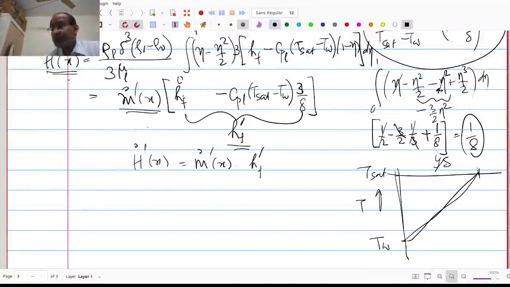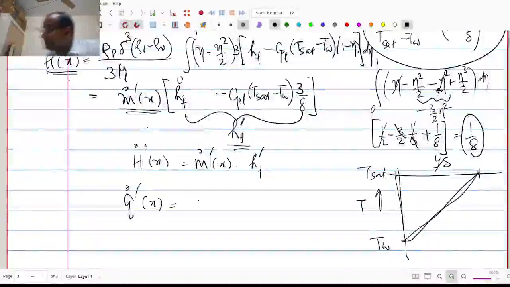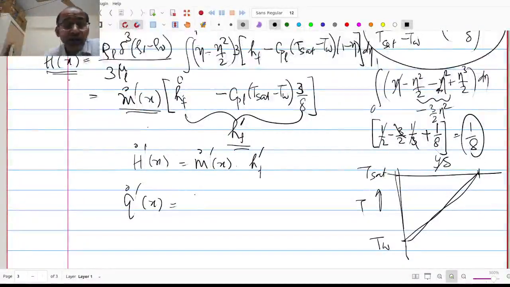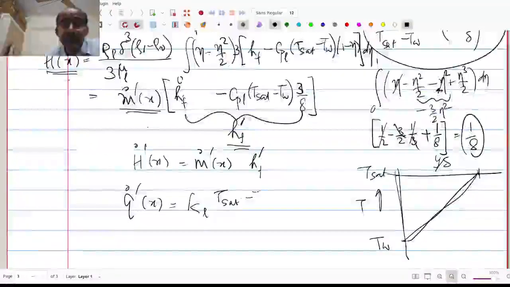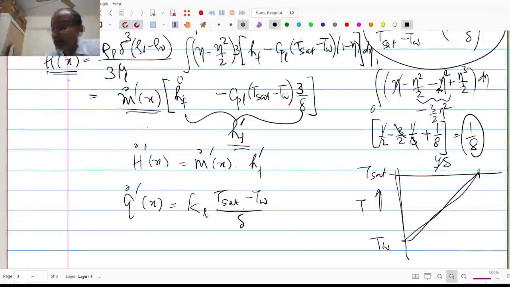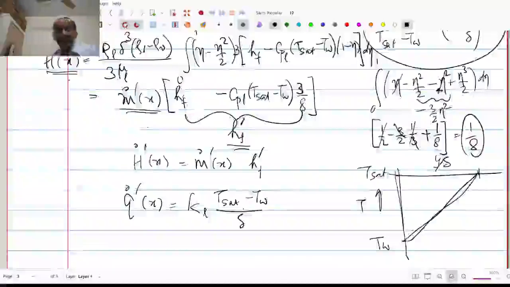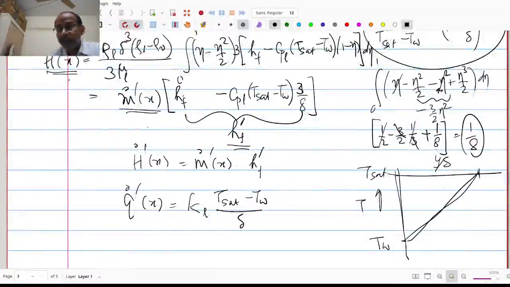Okay, so this is a straight line that you would typically go with. So for this, the Q dot prime, that is the heat flux at any distance x, is going to be equal to the conductivity K liquid multiplied by Tsat minus Twall divided by delta. Okay, because the gradient at the wall is equal to Tsat minus Twall by delta.